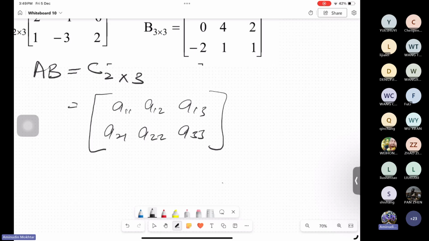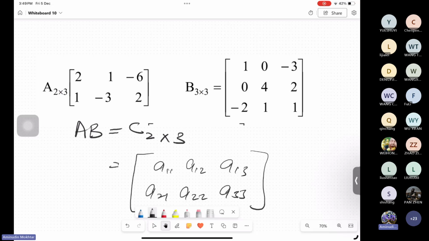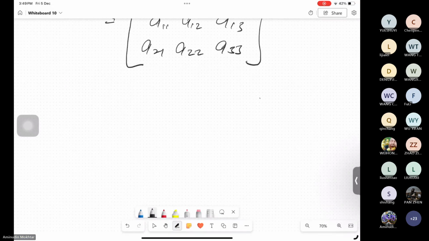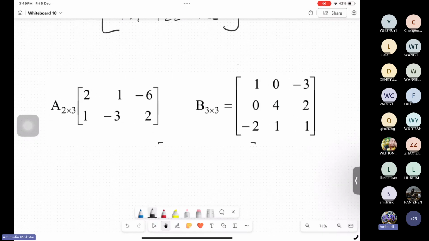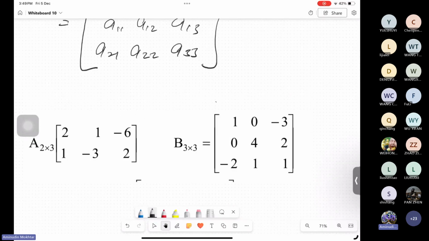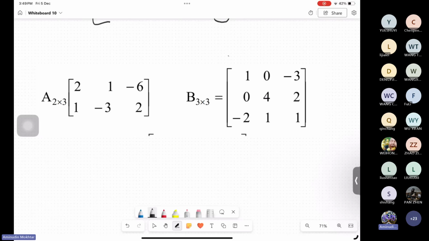How do we find this matrix C? We need to find each element. For the first element, there is a11. I will show you how to find a11, a12, and a13.